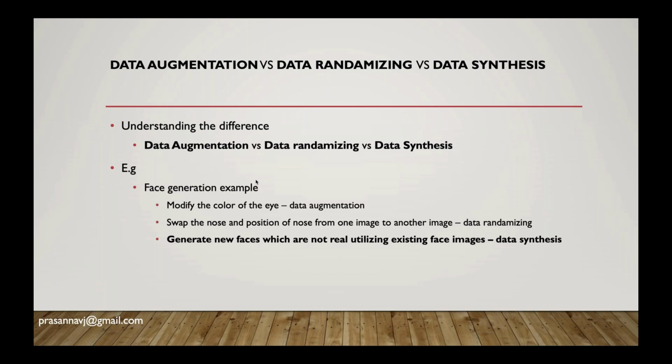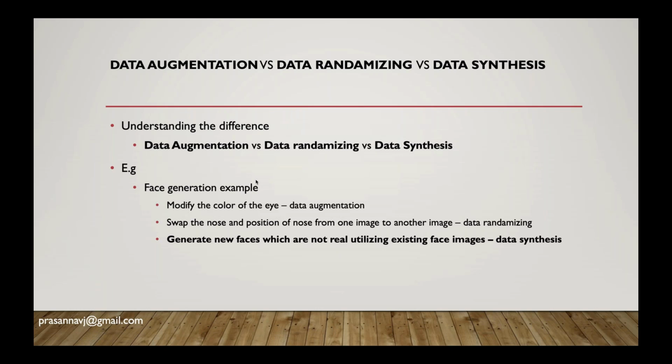You are taking existing data, you are modifying some features which are available in the data, and using it as part of your training. That is called data augmentation. Let's take the second case where you have two photographs of two persons and you swap the nose from one person to another person.